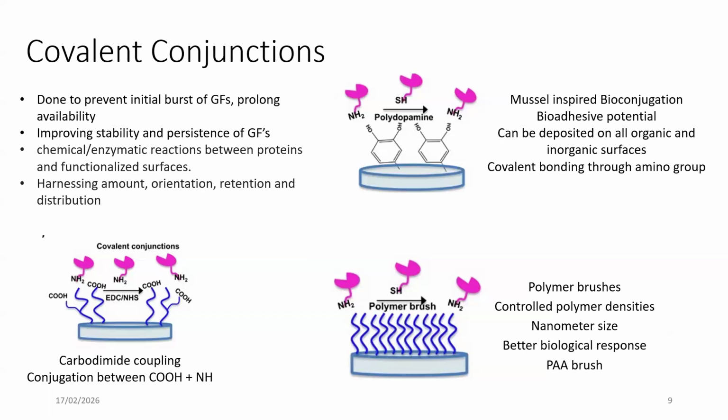So they have a bioadhesive potential and it can be deposited on all organic and inorganic surfaces, with covalent bonding through amino groups. What happens in mussels is they inherently undergo this, so nature produces this polymer.